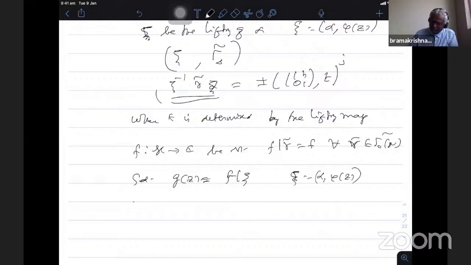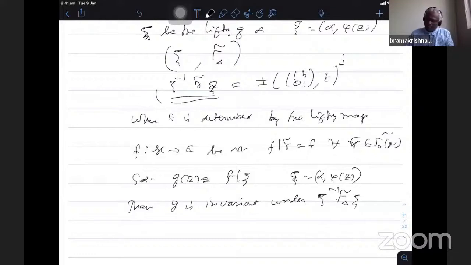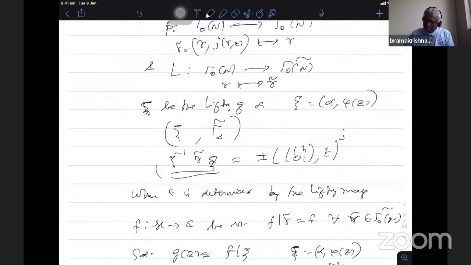Then G is invariant under psi inverse gamma s tilde psi, and we already saw that this is nothing but this type of element, where this h is called the width of the cusp.